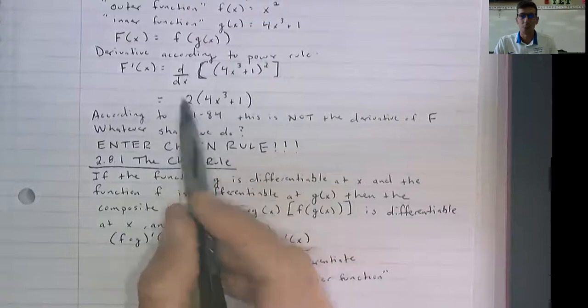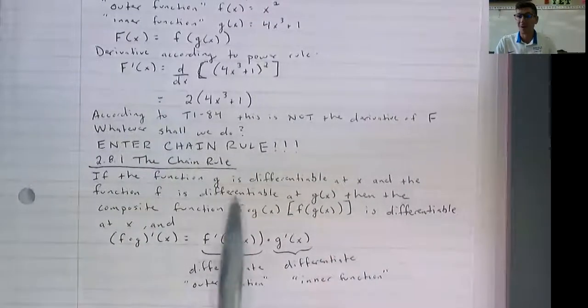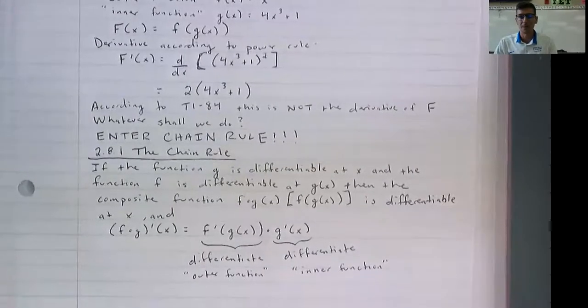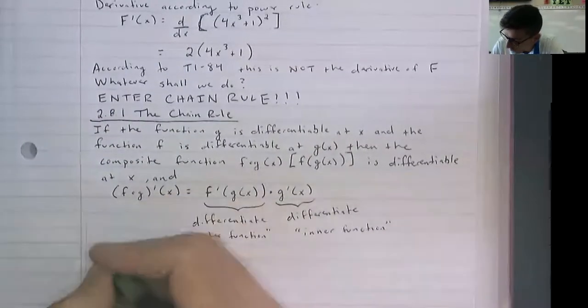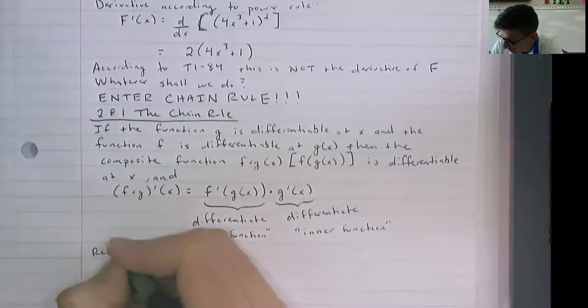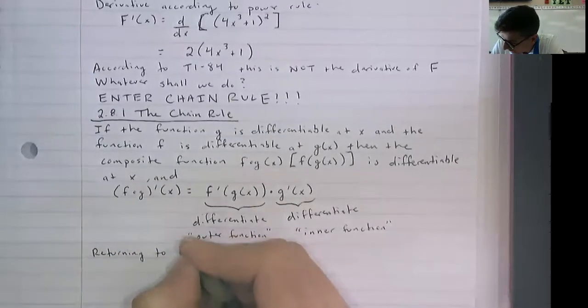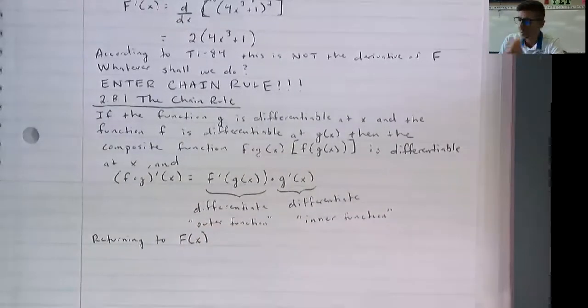Here's our function. We did the first part here. We differentiated the outer function, but it didn't work. It didn't match up when we graphed it because we didn't do the chain rule, but now we will. So returning to f of x. Maybe let's box this up.